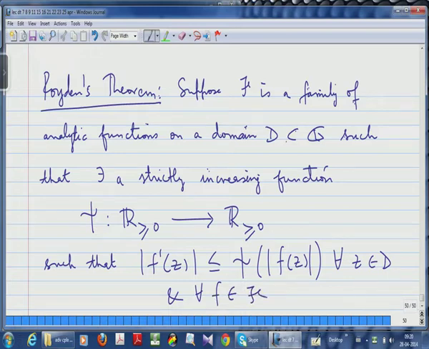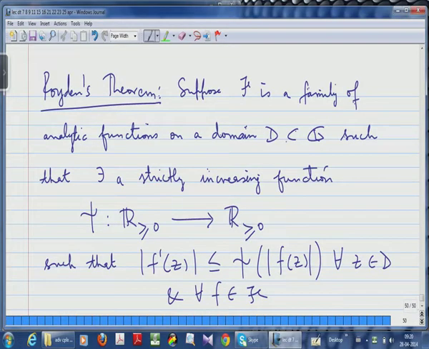This is the condition in Royden's theorem. The condition is that the derivatives of the functions in your family grow at most like an increasing function of the growth of the original functions. What is on the right side is psi of mod f.